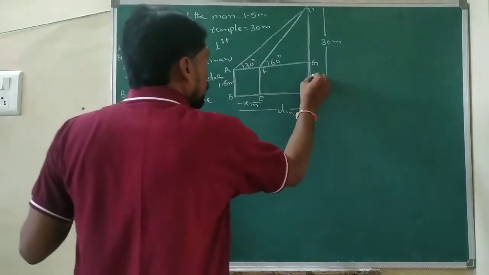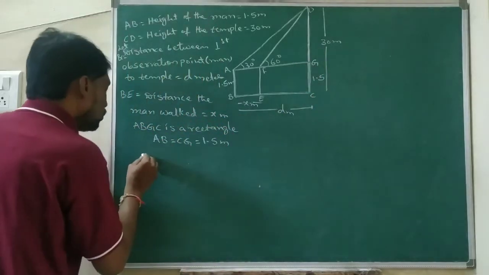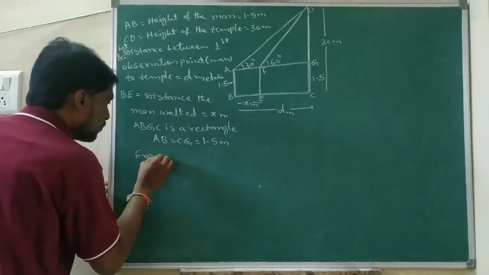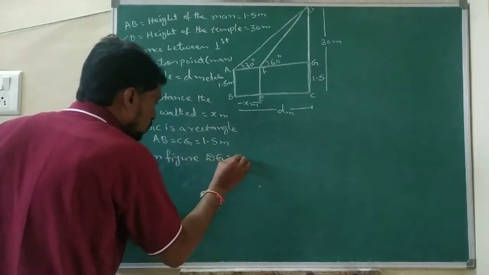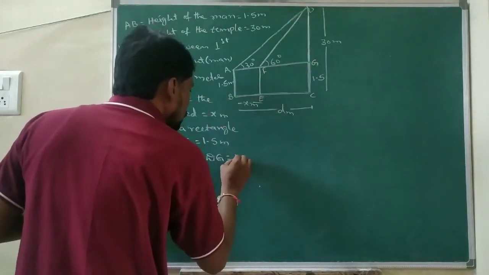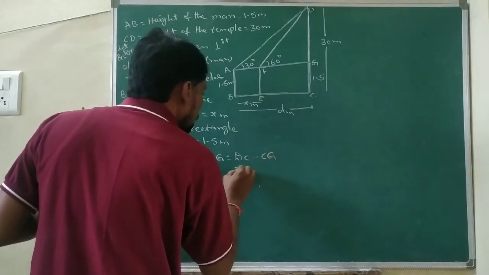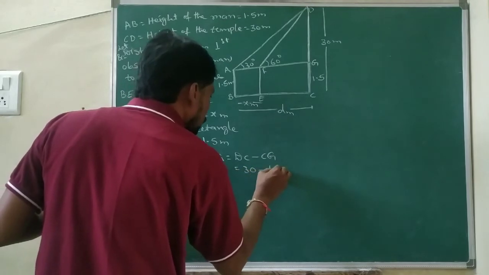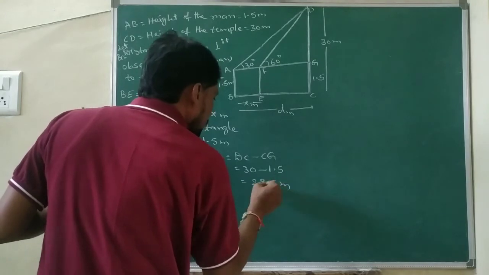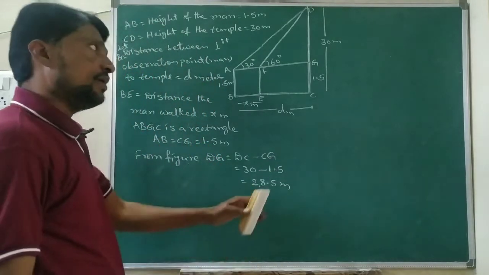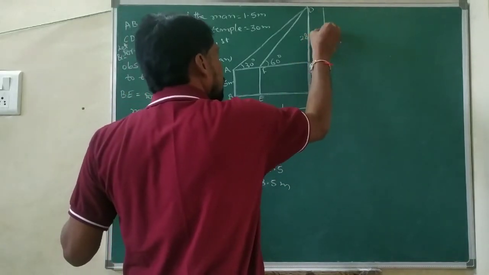Then what about DG? From the figure, DG equals DC minus CG, that equals 30 minus 1.5. Subtracting 1.5 from 30, we get 28.5 meters. This value is 28.5 meters.